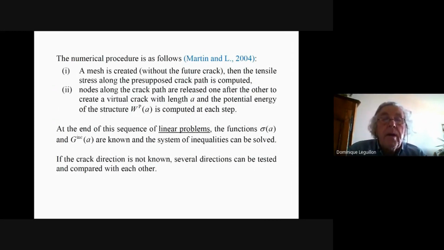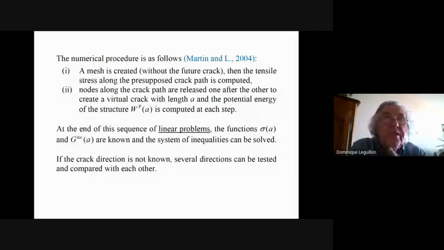So now, what is the numerical procedure to implement the coupled criterion? First, you create a mesh without the future crack, and you calculate the tensile stress along the presupposed crack path. You can ask, what is the presupposed crack path? In many situations, this crack path is almost known.